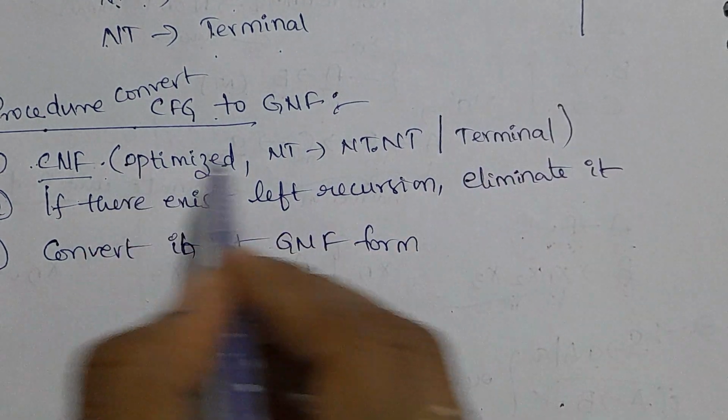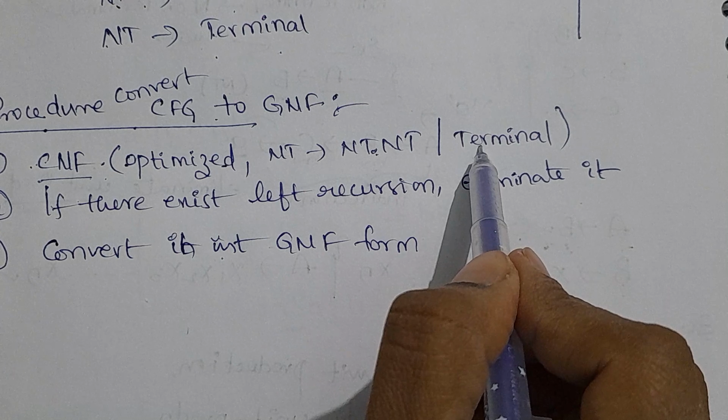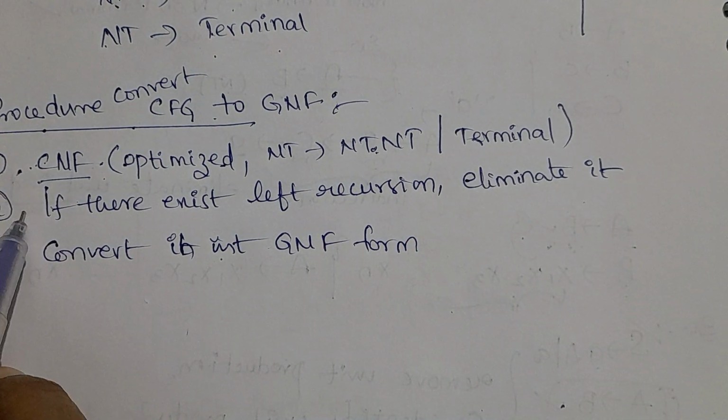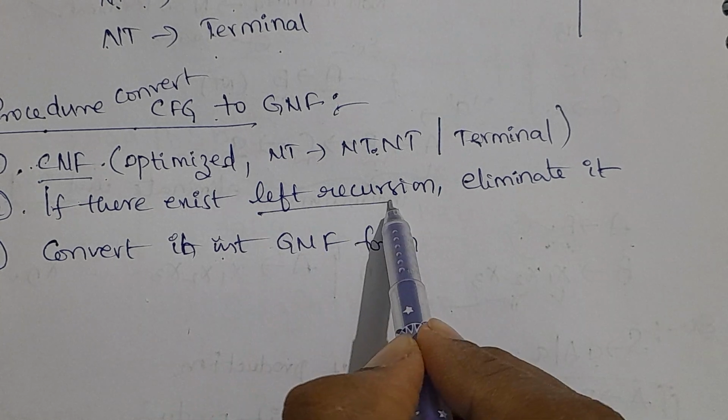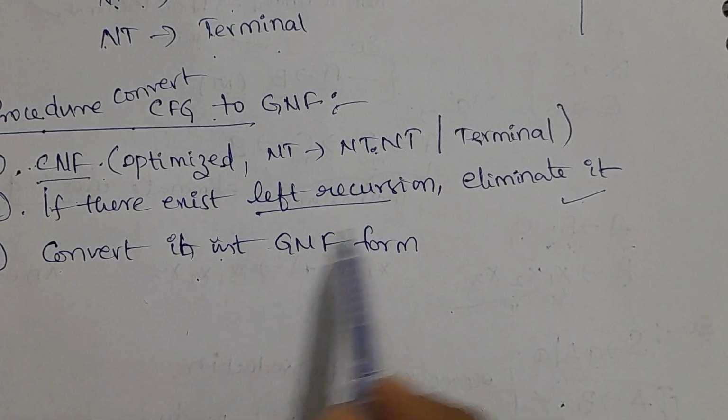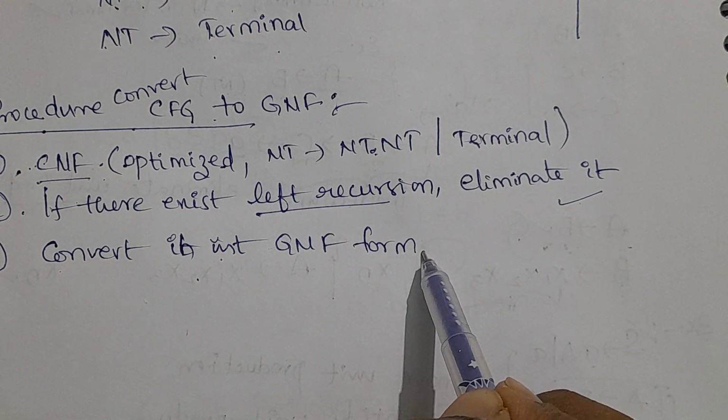So either of these forms has to be there. That is step 1. And in the later step, if there is a left recursion, you need to eliminate it. Later on we need to convert the given grammar into the GNF form.